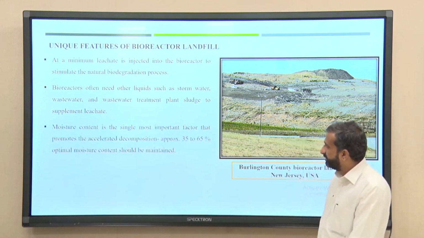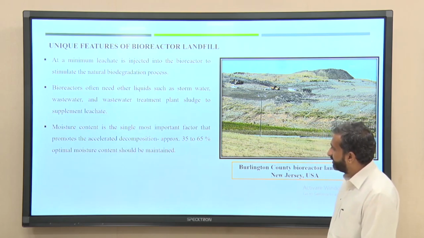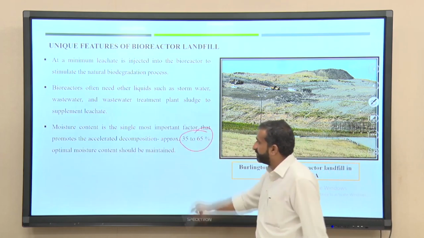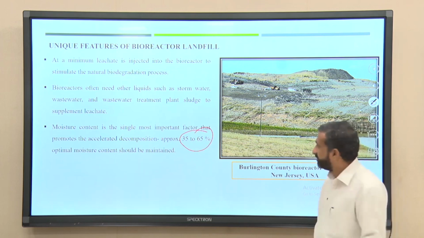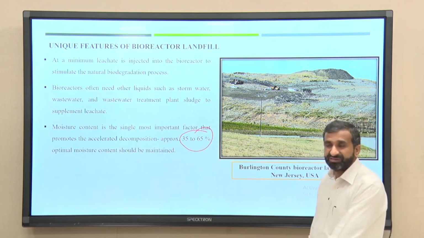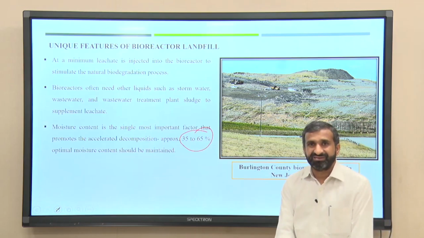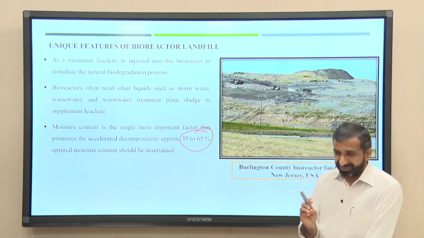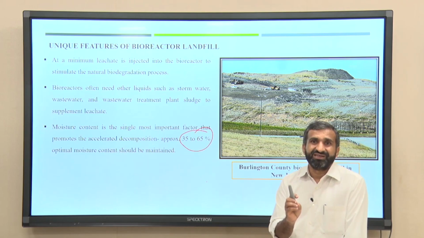Moisture content is the single most important factor that promotes accelerated decomposition; approximately 35 to 65% optimum moisture content should be maintained for the proper degradation process. So, in this entire bioreactor system, the major important factor is to maintain the moisture for the degradation process.